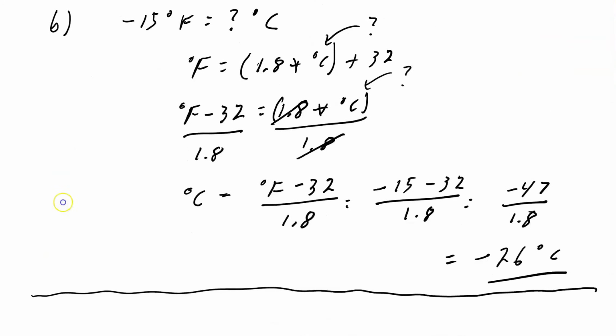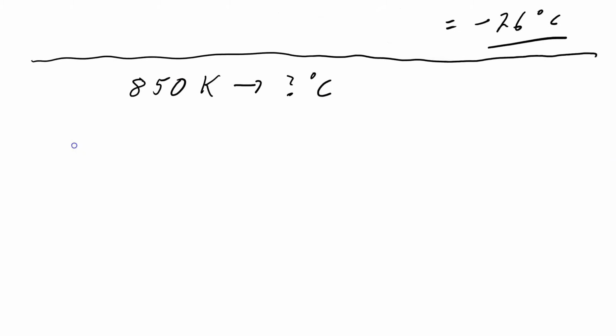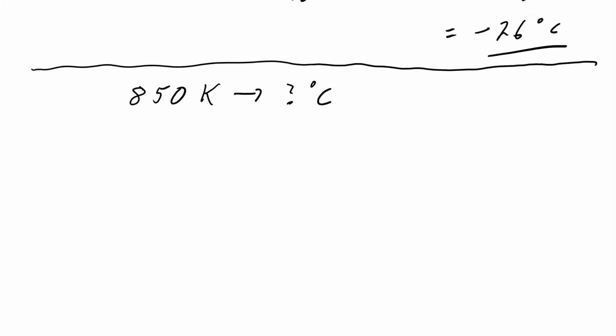So I'm just going to write it in ordinary notation, knowing that we have 3 significant figures. So we have 850 kelvins, and we're going to convert that to question mark degrees Celsius. So here we need to remember our conversion between Celsius and Kelvin. Degrees Celsius plus 273.15 equals kelvins.